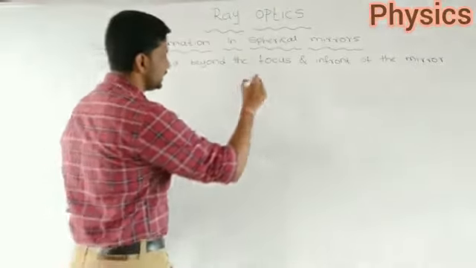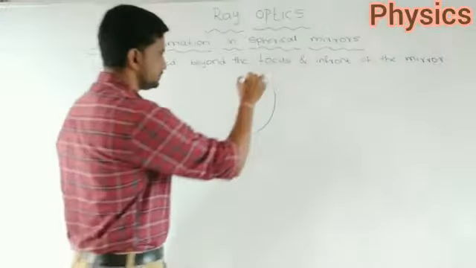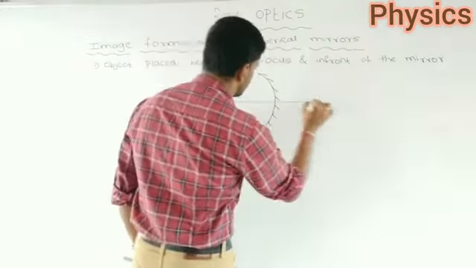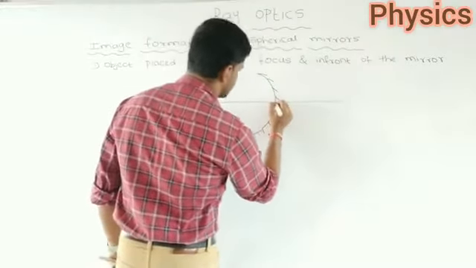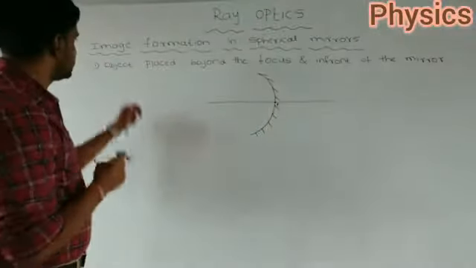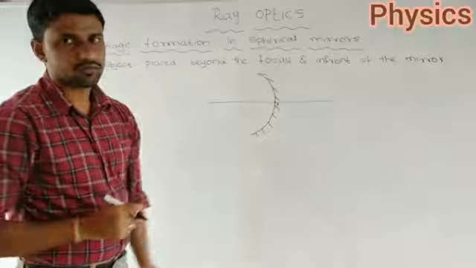Here I am taking one concave mirror. This is the concave mirror, and I am taking one principal axis. This is the principal axis and this one is the pole. Now the condition is: object placed beyond the focus and in front of the mirror.